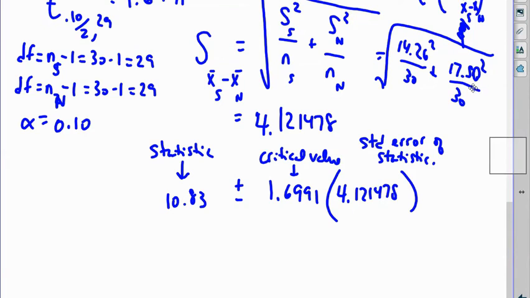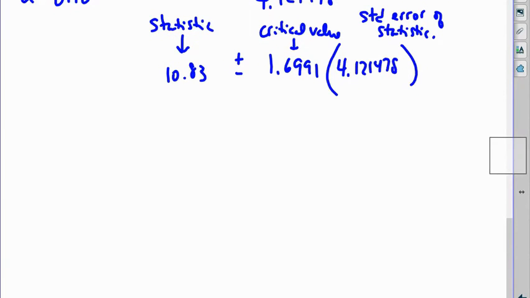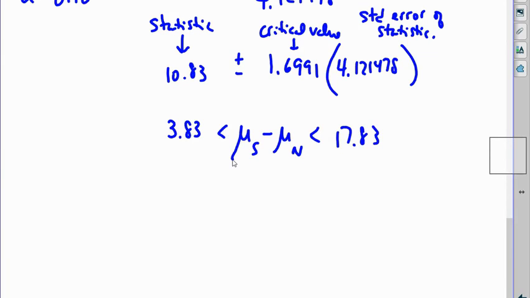And we're going to add and subtract these two things, and I'm going to write my mean south minus mean north. Notice that I write them separately because this is a two-sample situation, not a one-sample. 3.83, of course these are in centimeters, and 17.83.